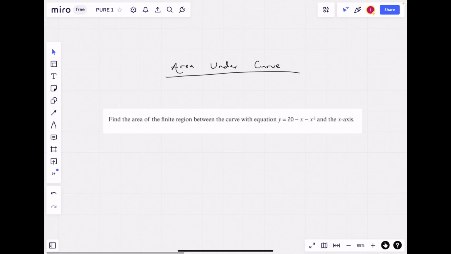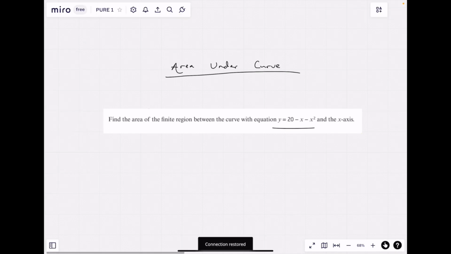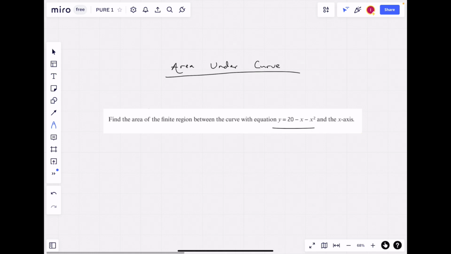So the first step in this question would be to factorize this. So you want 2 brackets. Can you try that, please? Can you try and factorize y equals 20 minus x squared?